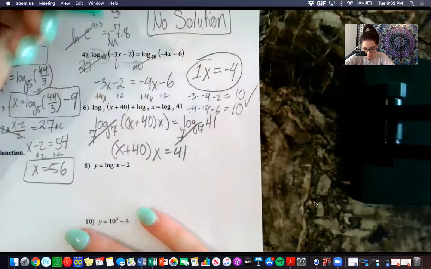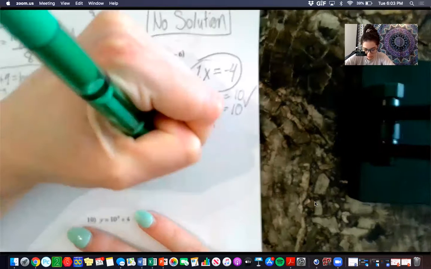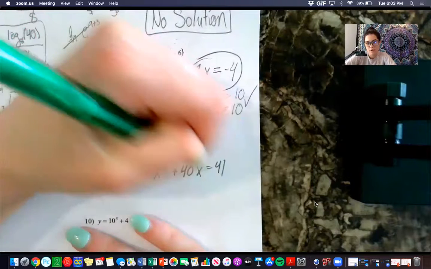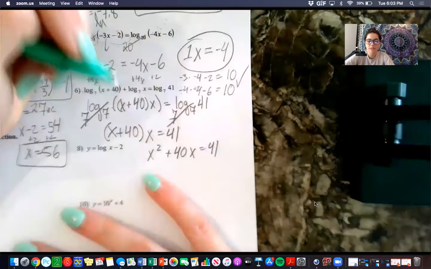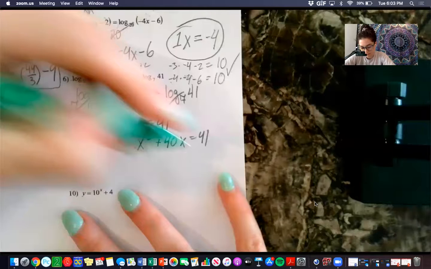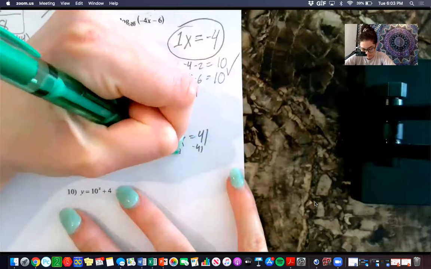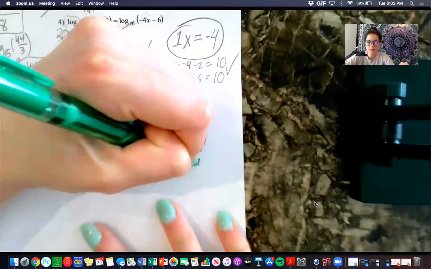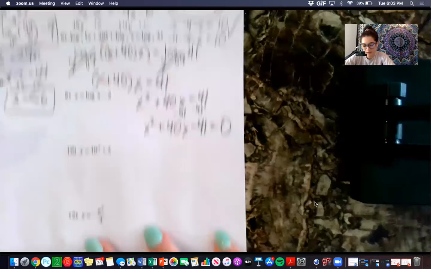So we've got x squared plus 40x equals 41. I see an x squared. Our first thought should be get everything over to equal 0, so we can factor it out into our 2 sets of parentheses. Cool. 2 sets of parentheses now.